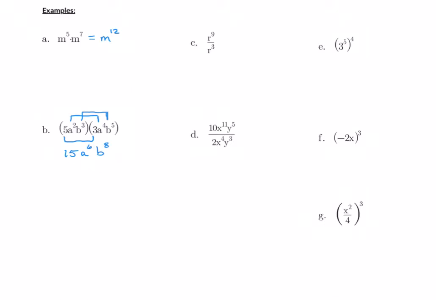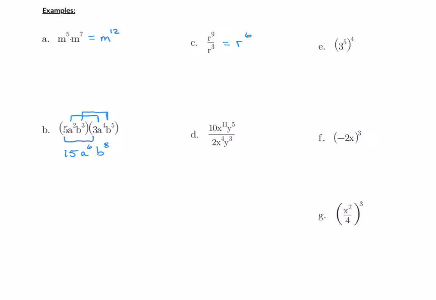Now let's go ahead and look at our quotient rule a little. So here we have r to the 9th over r cubed. We want to subtract our exponents. We get r to the 6th. Example D. Again, this is just an extension of the quotient rule.